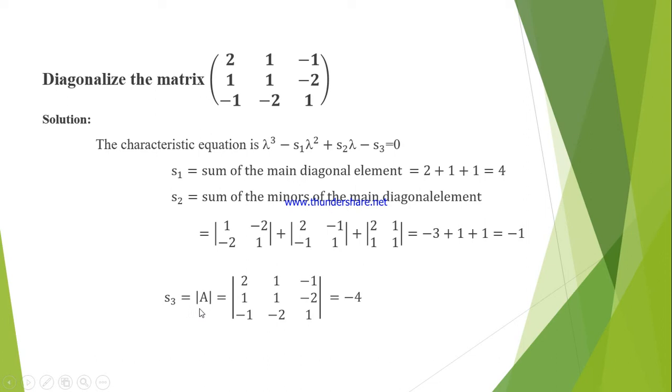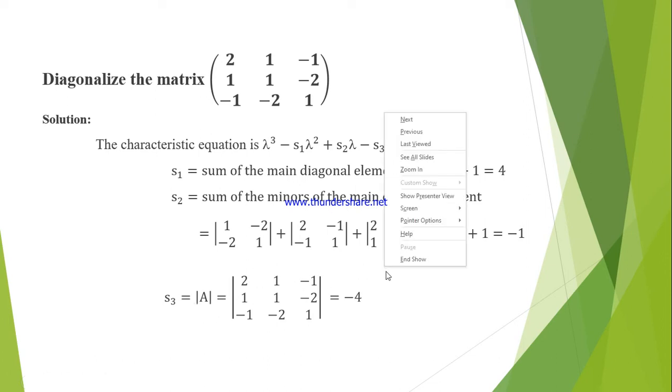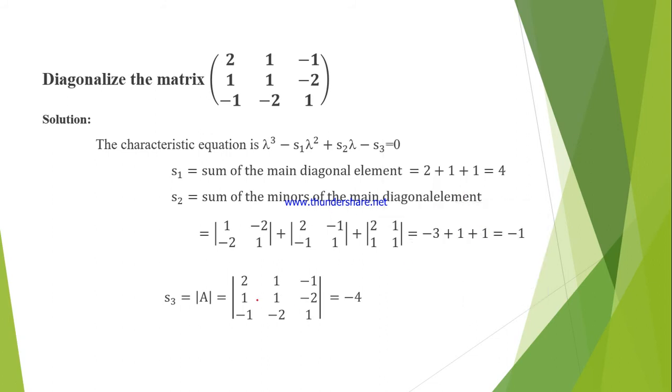Next, find the determinant of the given matrix, that is S3. So how to find the determinant? First write 2 into, remove the column and row, 1 into 1 minus 2 into minus 2, that is 1 into 1 minus 4. Minus, the signs are plus, minus, plus.